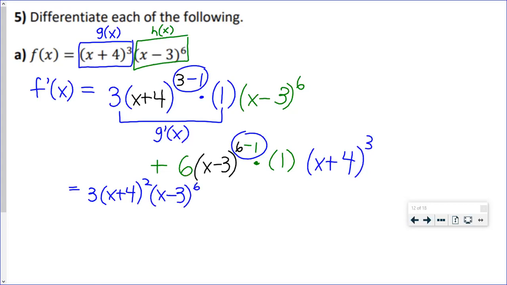Notice I've eliminated the 1 because anything times 1 is just itself, plus 6 times x minus 3 to the power of 5 times x plus 4 to the power of 3. Now notice on the left-hand side of the addition sign and the right-hand side of the addition sign, I do have x plus 4.